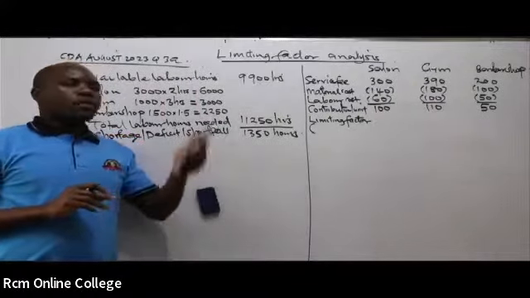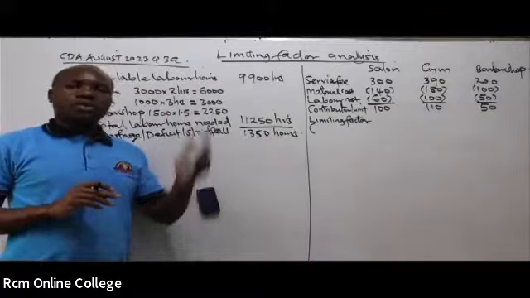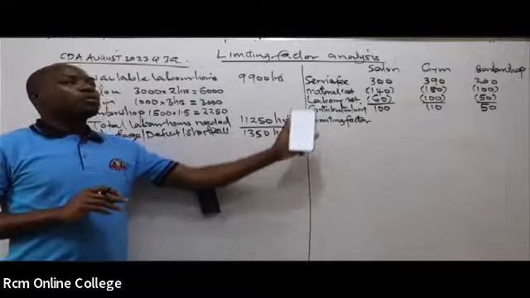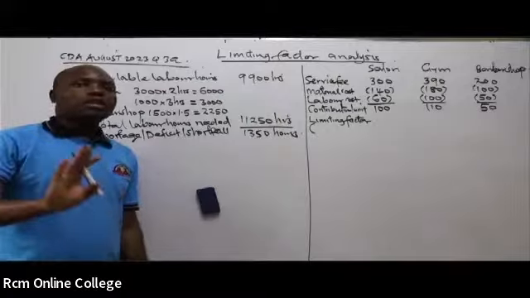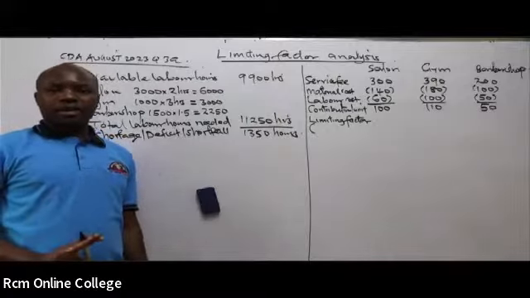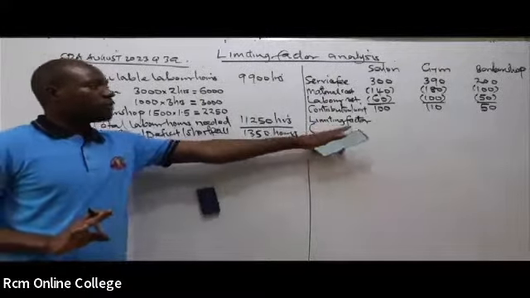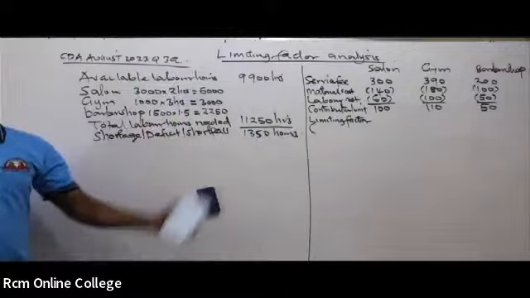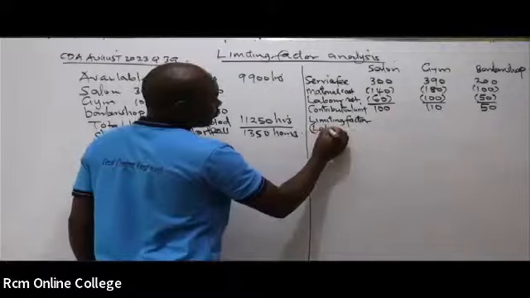If you go to April 2026 sitting, the limiting factor was machine hours. This limiting factor will keep on changing, right? It can be labor hours in this question. It might be machine hours in the August 2026 sitting. So this limiting factor is a constant, but the item will keep on changing. In our case here, we now put in bracket and say labor hours, right?